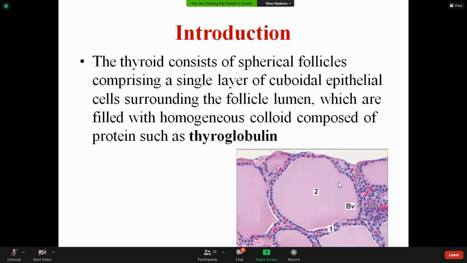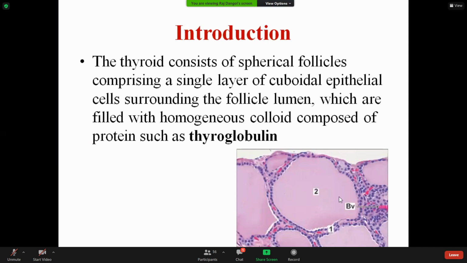These follicles are near blood vessels, and these blood vessels transport amino acids and iodine to the thyroid follicle cells for the synthesis of thyroid hormones.